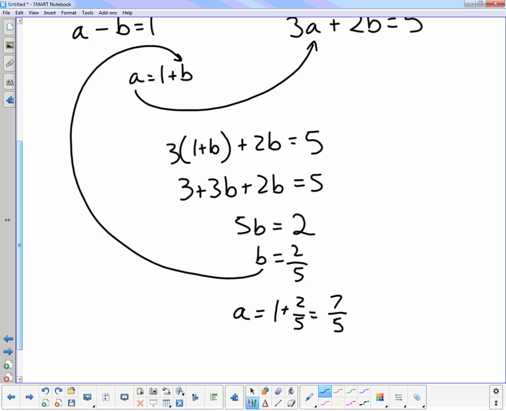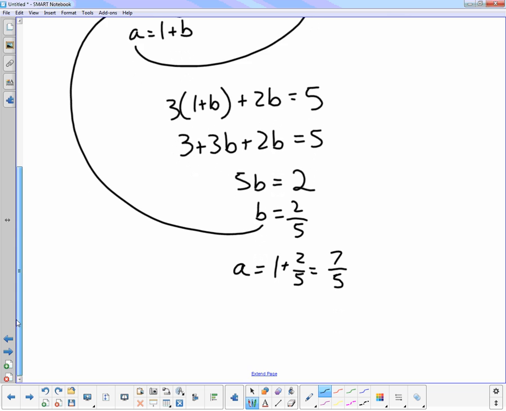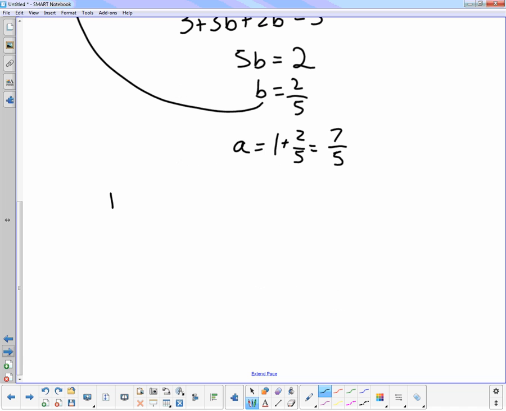Okay, so is everybody coming up with 2/5 and 7/5? Almost? Yes? Now, you've got to find x and y. I'm not looking for a and b, I'm looking for x and y. So b was the ln of y, so that means y is equal to e to the 2/5.